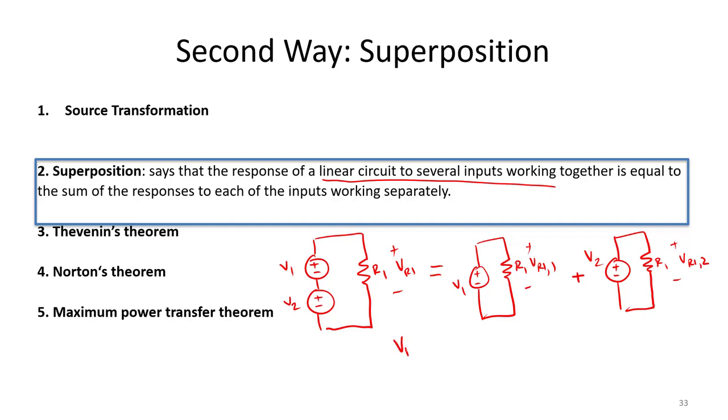So in this case, the voltage across resistor R1 would be equal to the voltage across R1 with V1 only, plus the voltage across resistor R1 with V2 only.